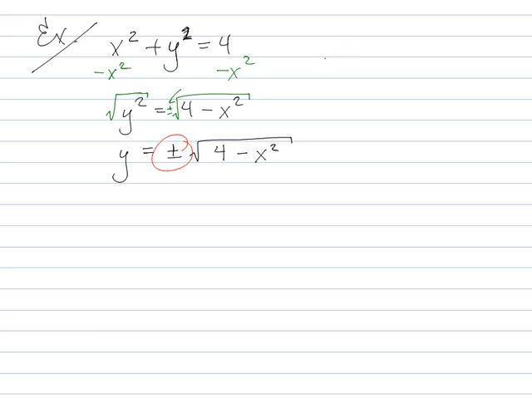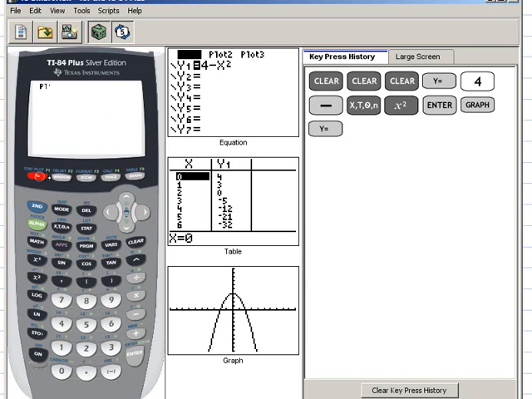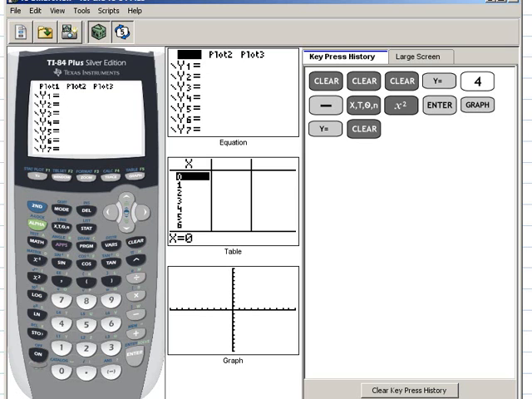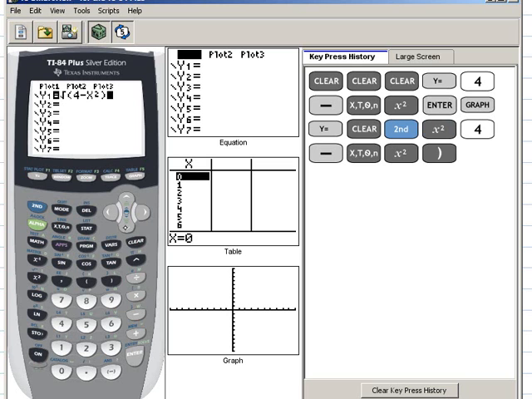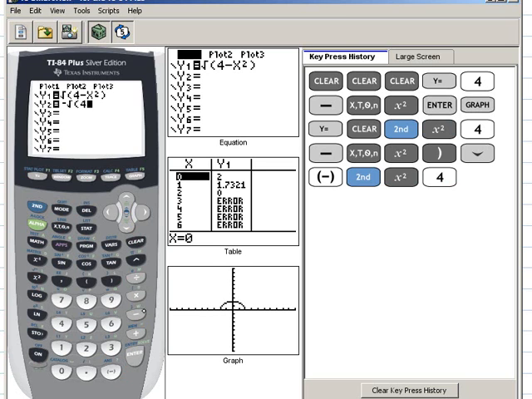The only way to plug this into your calculator is to break it up, to make a y1 equal to square root of 4 minus x squared, and a y2 equal to negative square root of 4 minus x squared. But already you've got that plus or minus, you know you're done. So I've either got the square root of 4 minus x squared, but I also have to account for the negative square root of 4 minus x squared.